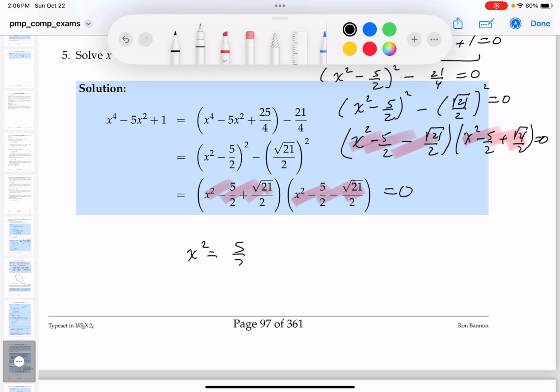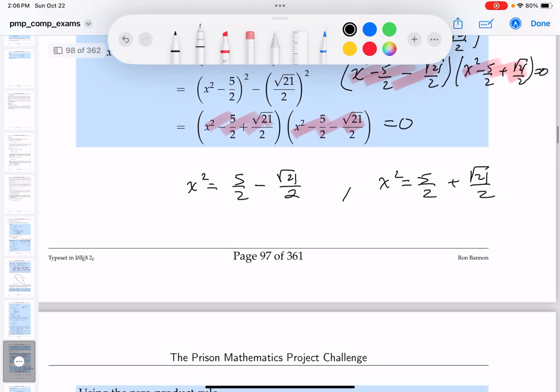For the first one, x squared equals 5 over 2 minus root 21 over 2. The second one will be x squared equals 5 over 2 plus root 21 over 2. I just want to pull them together a little bit. x squared is equal to 5 minus root 21 over 2, and x squared is equal to 5 plus root 21 over 2, all right?